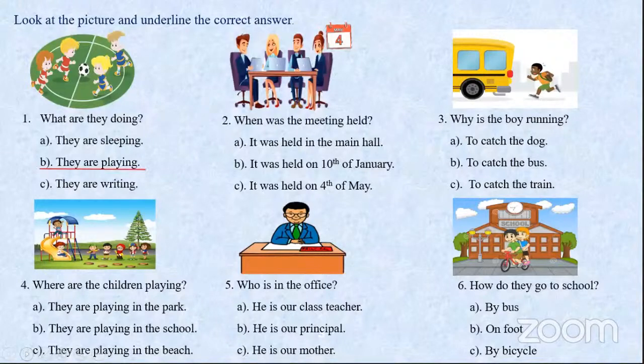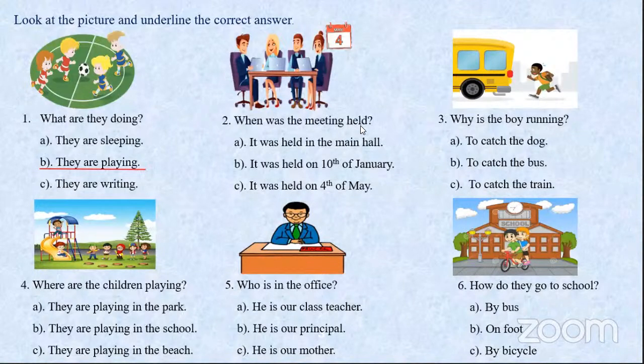Next one, when was the meeting held? You can see a picture of a meeting. There are some people, they are in a meeting, and we can see a part of a calendar, May 4th. So the question is, when was the meeting held?